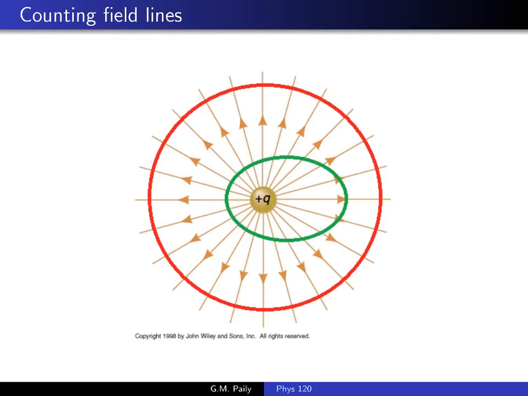Remember, flux is simply a way of counting the field lines. So what we find is that in this case, it doesn't matter about the shape or the position or the size. The number of field lines passing through this green egg shape and this red sphere are both the same. They each have 24 field lines passing through and all going in the outward direction. So they have the same amount of positive flux.